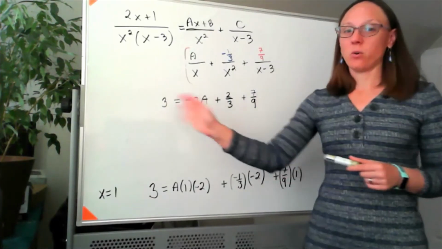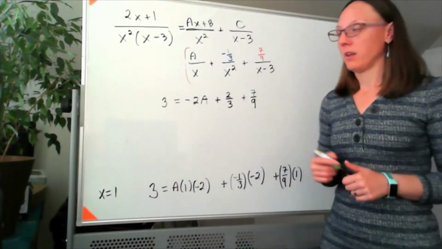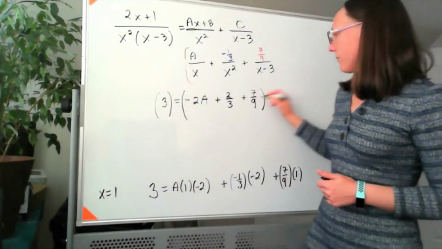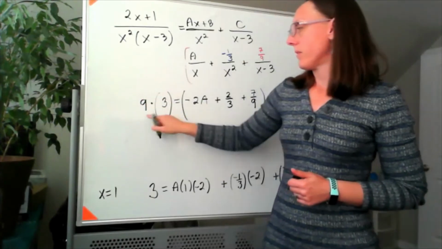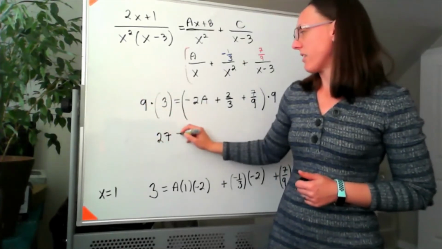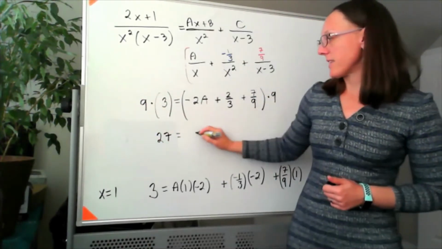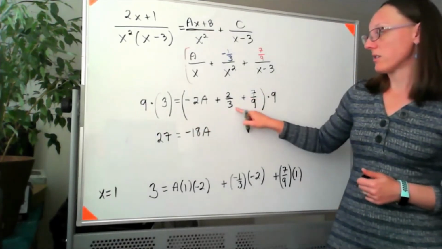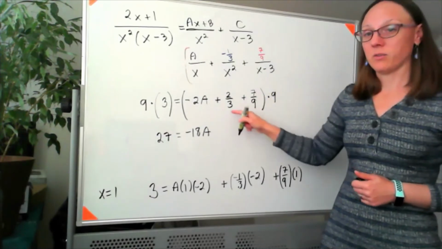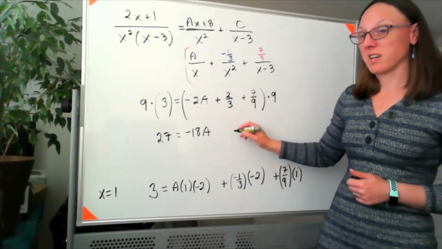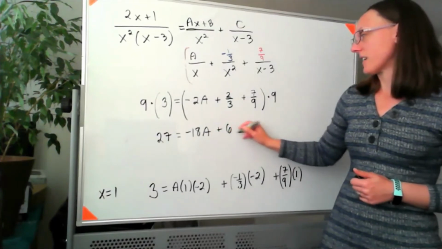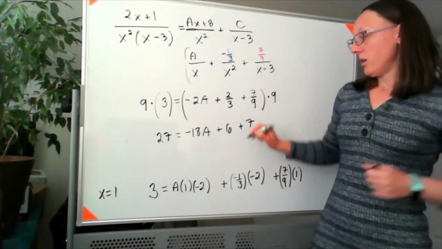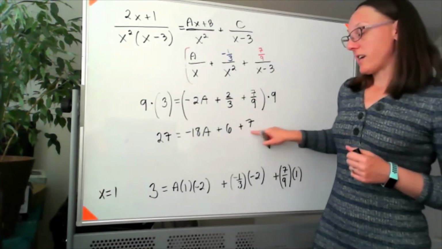So I'm going to multiply the whole dang thing by 9. 9 times 3, 27. 9 times negative 2A, negative 18A. 9 times 2/3, the 9 and the 3 are going to reduce to leave me with a 3 on top. Times that 2, I'm looking at a 6. And 7/9 times 9 is going to be 7. 7 and 6 is 13.